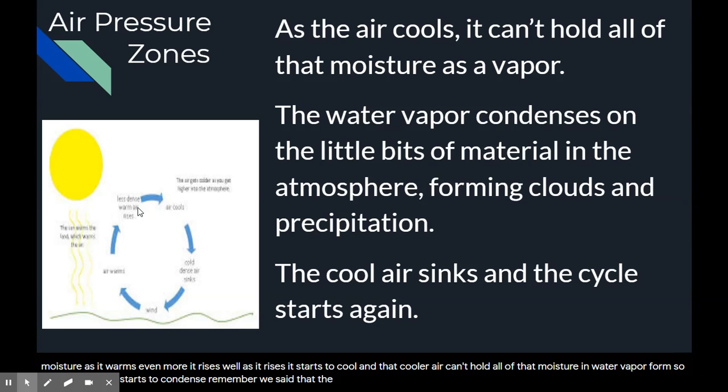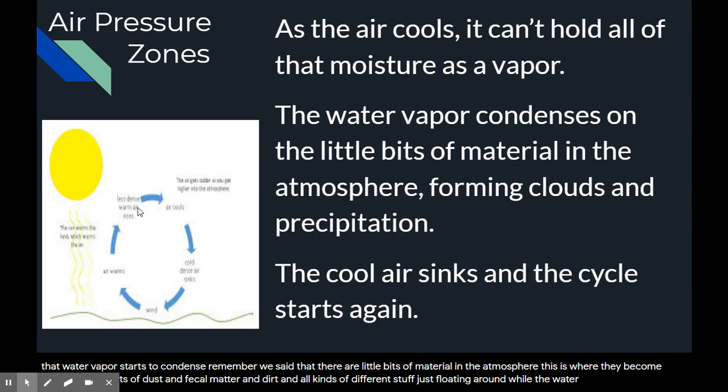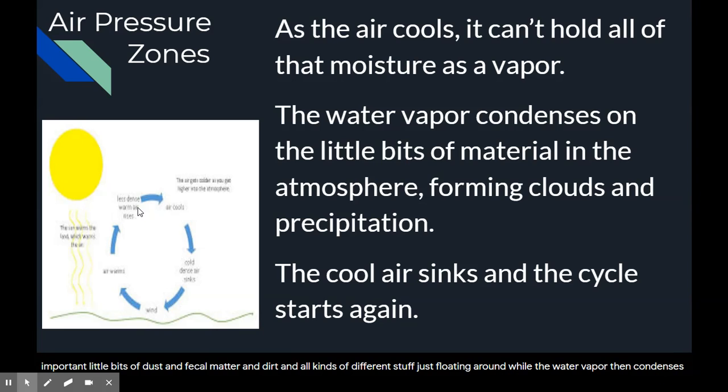Remember, we said that there are little bits of material in the atmosphere. This is where they become important. Little bits of dust and dirt and all kinds of different stuff just floating around. Well, the water vapor then condenses on those little bits of material in the atmosphere, which form our clouds.